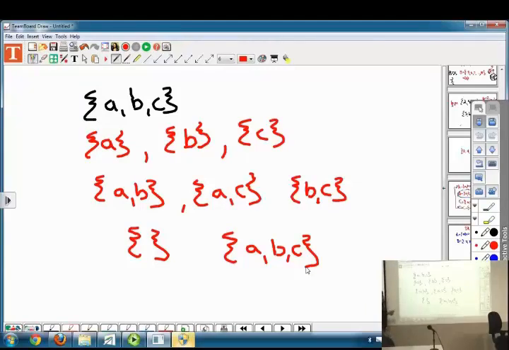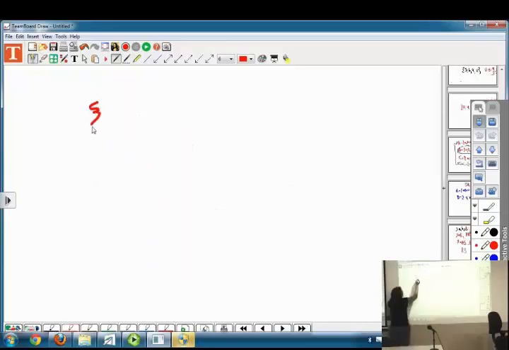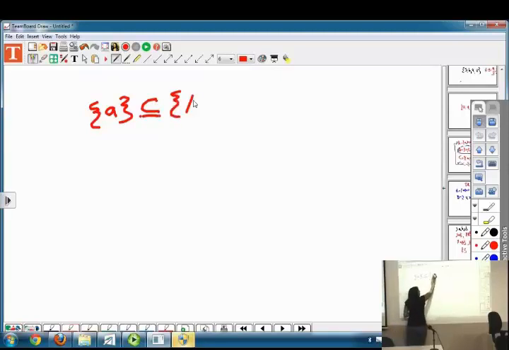The notation for subset is: A is a subset of A, B, C. I use these braces to represent a set being a subset. It's like a C with an underline.